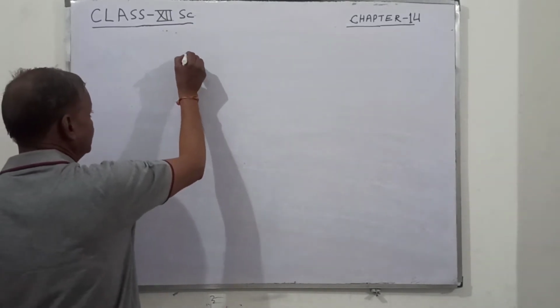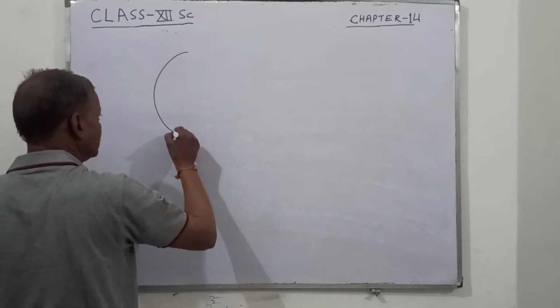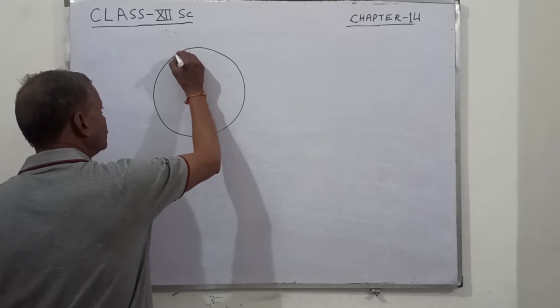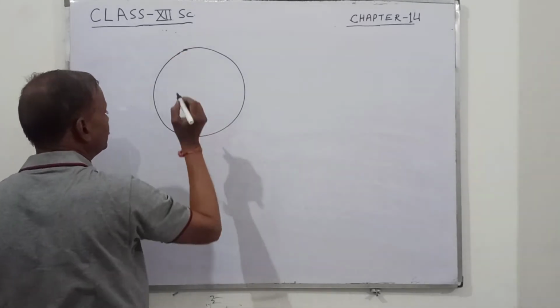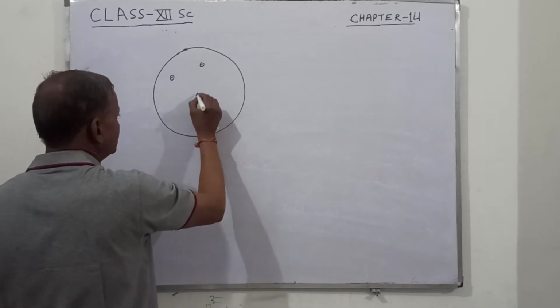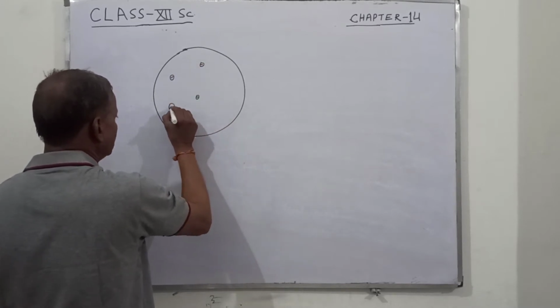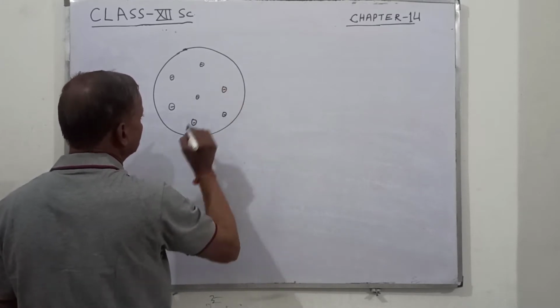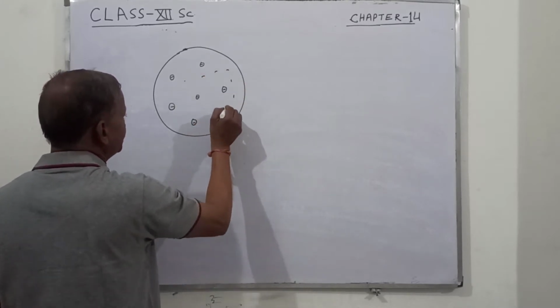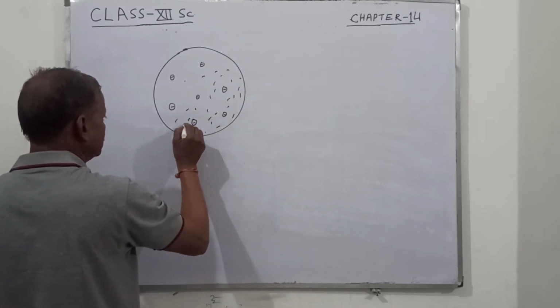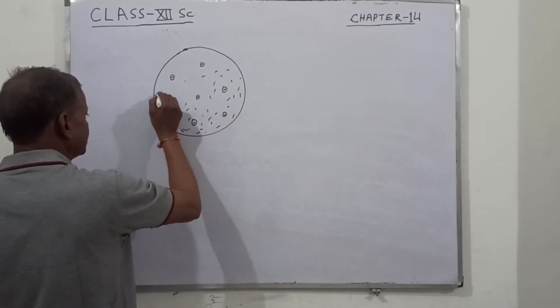Suppose this is the atom. The electrons are like this. And this space is filled with positive liquid charge.